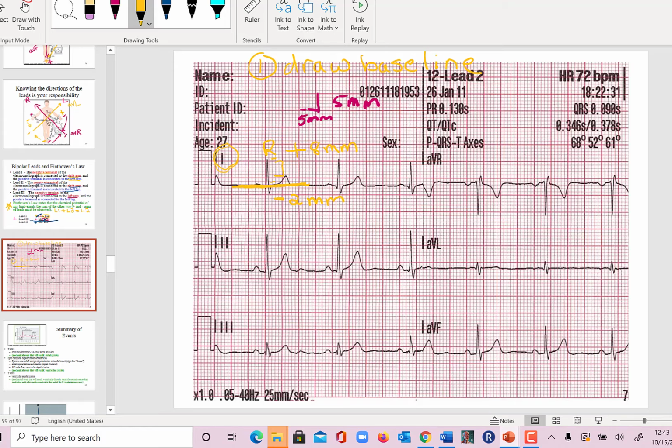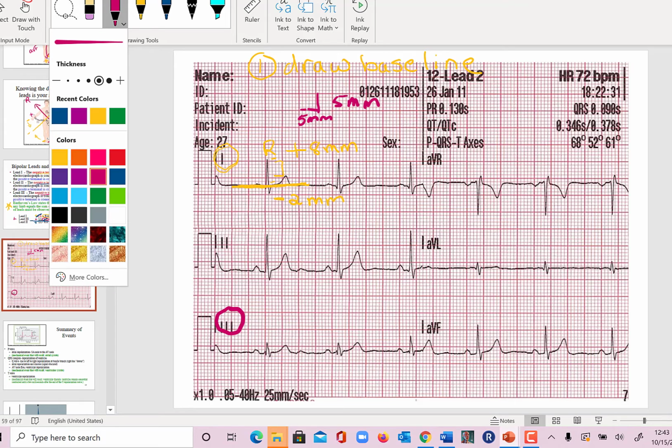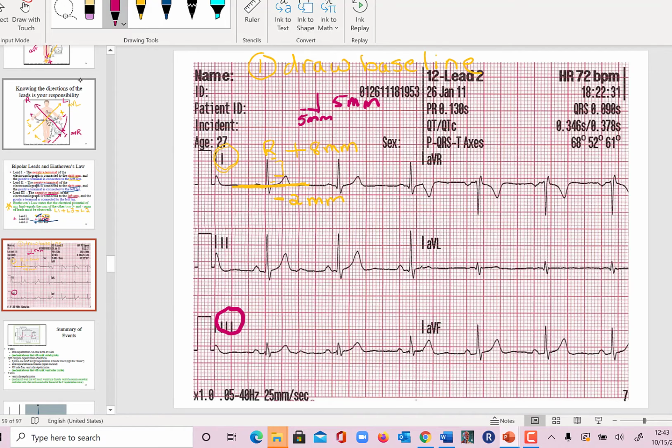Okay, let's do the same thing for lead 3. Here I am for lead 3. I'm drawing my best fit baseline. That's a bit thick and it's hard to see, so let me change the thickness of my pen. So I'm going to try my best for my baseline, going through my QRS.